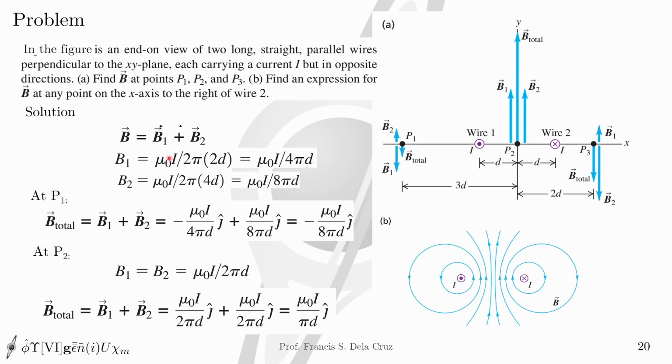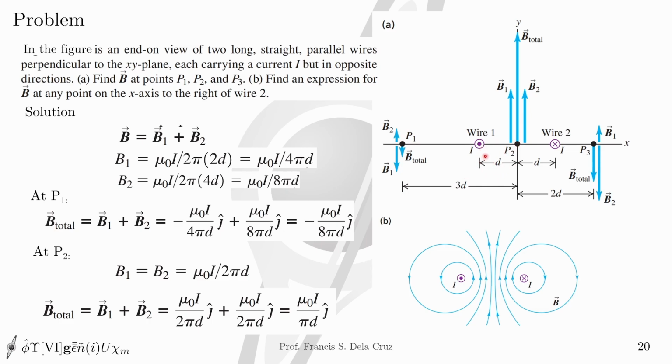First, we solve for the magnetic field due to the first wire. So B1 is equal to, again, mu naught I over 2 pi times 2D. Why is it 2D? For B1, the magnetic field due to wire 1 is at a distance 2D because you have D from the center, but this wire is between point 1 and point 2.